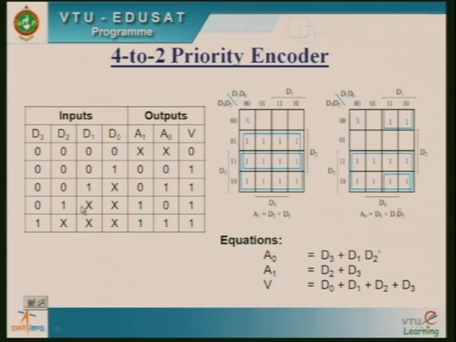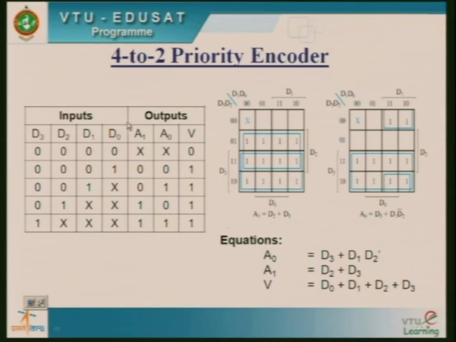No matter whatever D1 and D0, D2 has got highest priority. No matter what is D2, D1 and D0, D3 has got highest priority. Considering this, we have filled this output. So D0 represents the code 0 0, D1 represents 1, D2 represents 2, D3 represents 3. So 0 represents invalid, 1 represents valid.